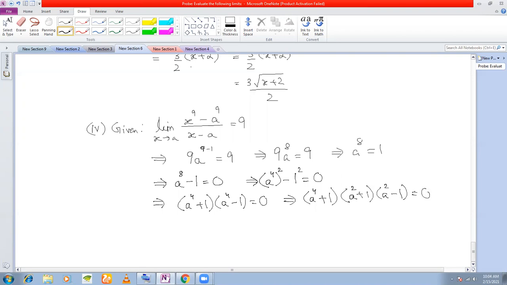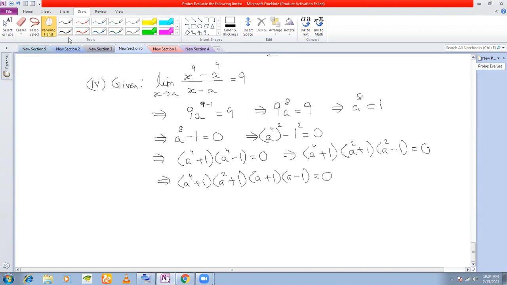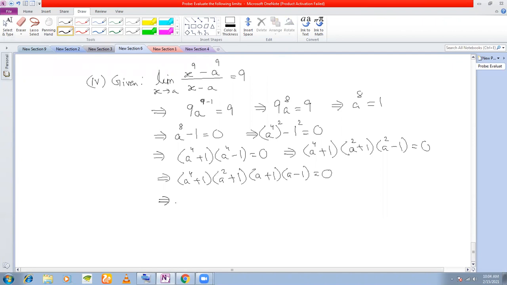Yes, sir. Now a to the power of 4 plus 1 you write as it is, a square plus 1 you write as it is, and a square minus 1 can be written as (a plus 1) into (a minus 1), right? So you factorize this. That means what will happen?